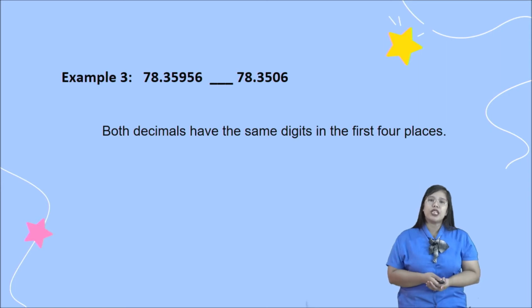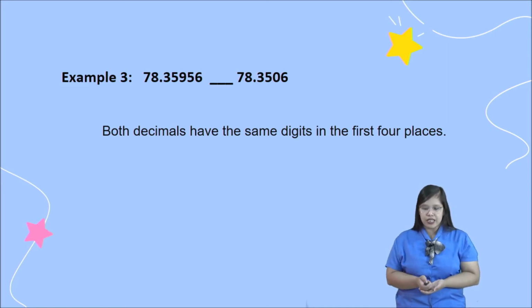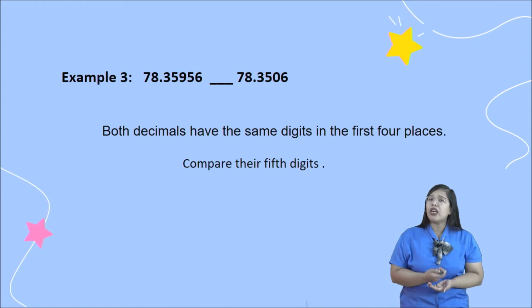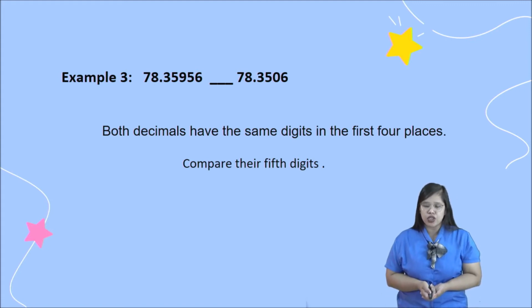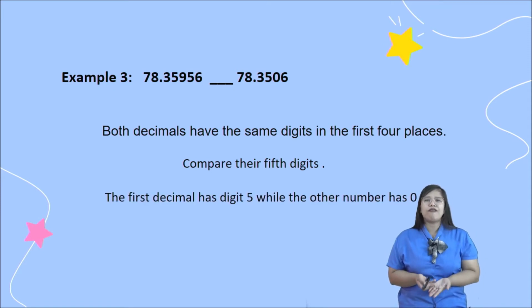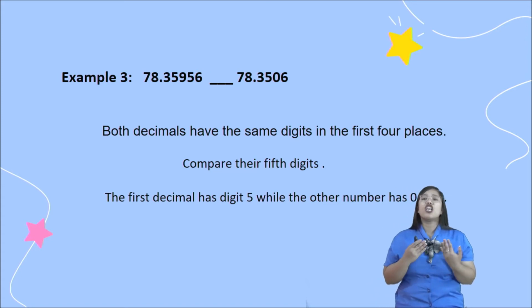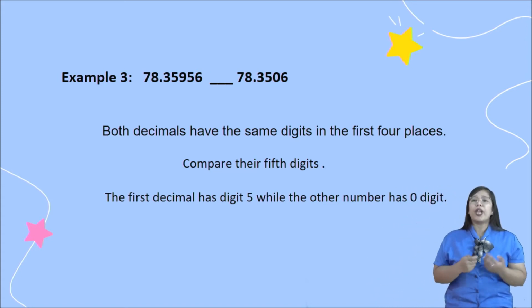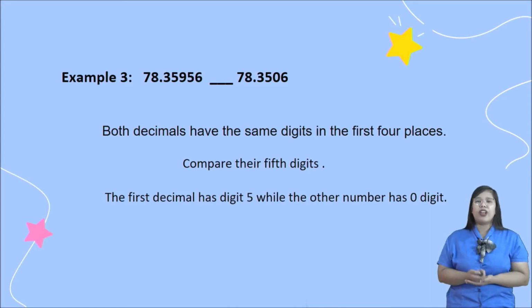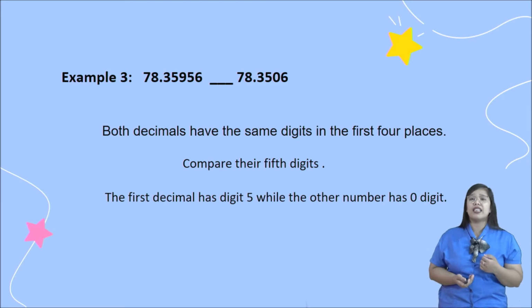So we will proceed to the thousandths place. We need to compare their 5th digit. What are these 5th digits? We have 5 and 0. So we will compare 5 and 0, and as you can see now, 5 is greater than 0.